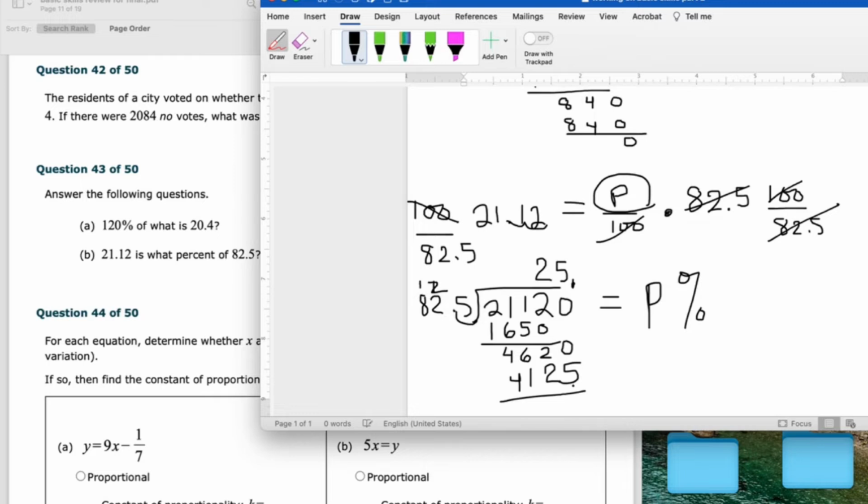And we're left with, it's going to be a 5, but we borrowed here to make that a 1. We're going to borrow here to make that a 5. 11 take away 2 is 9. 5 take away 1 is 4. And then that's 0. So we're going to bring down another 0.